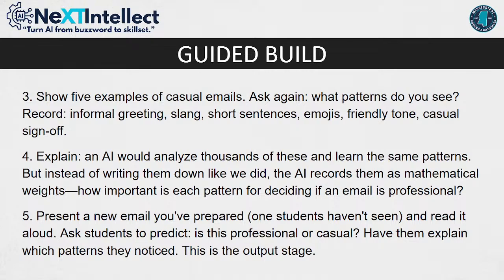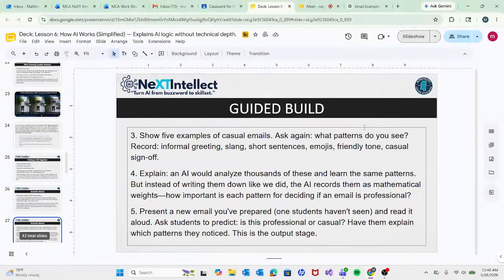Then when you are presented a novel email that you haven't seen before to analyze, you would use the examples that you had to make a determination of whether you consider it more professional compared to casual. This is similar to what the AI would be doing, for you to get to the point that you could make a decision on an email.